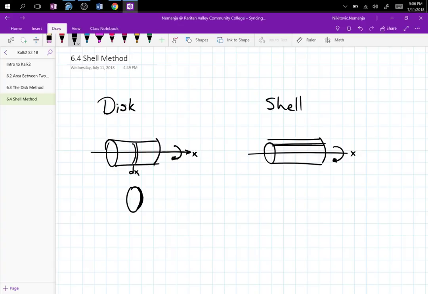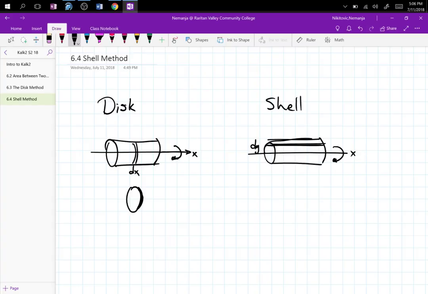Now, if I cut this object with dy, that is going to create shells. So now you are creating rectangle-like shapes, which don't have to be rectangles, they could be trapezoids and all of these other kinds of things.